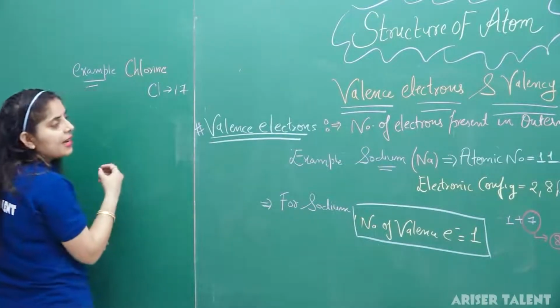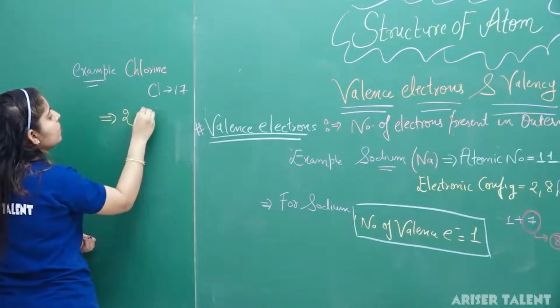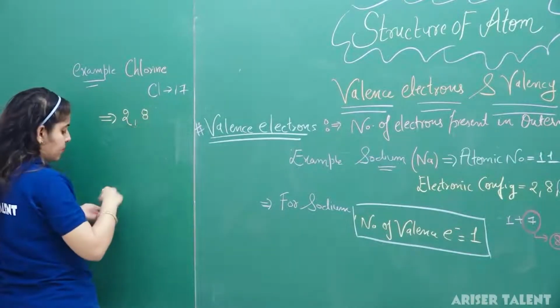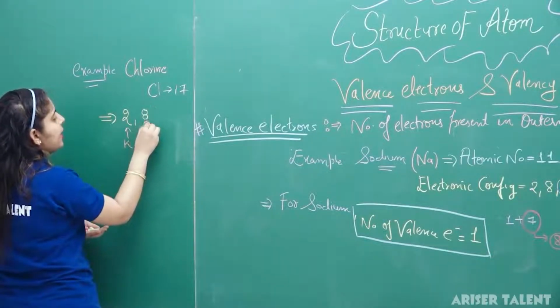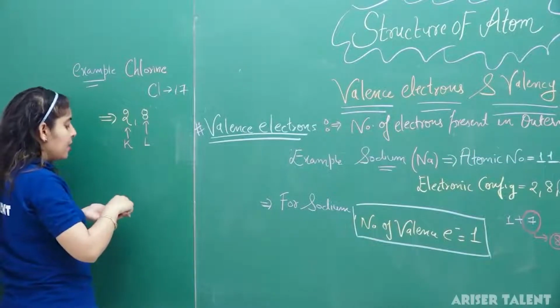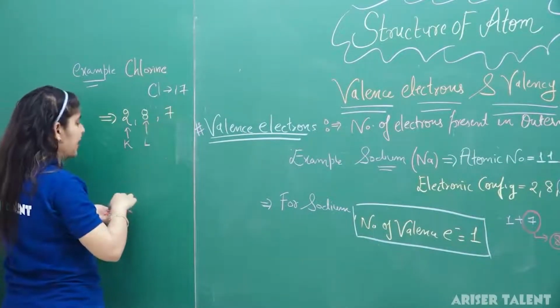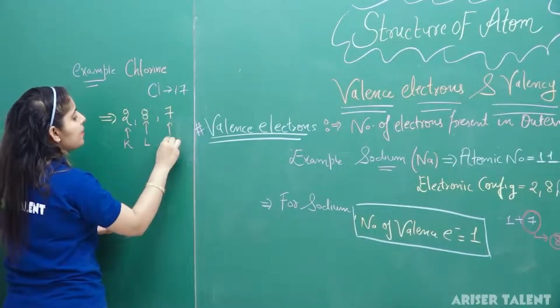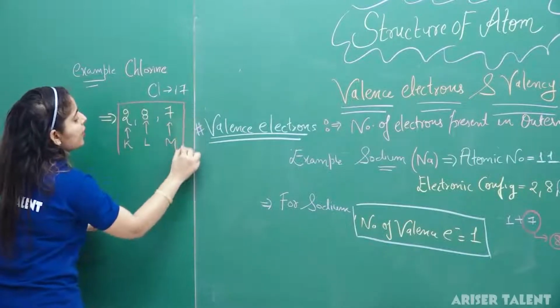How can we write its electronic configuration? Its electronic configuration is 2, 8, 7. It means 2 electrons in the K shell, 8 electrons in the L shell. Now the remaining 7 electrons will be accommodated in the M shell. So this is the basic electronic configuration for the chlorine atom.